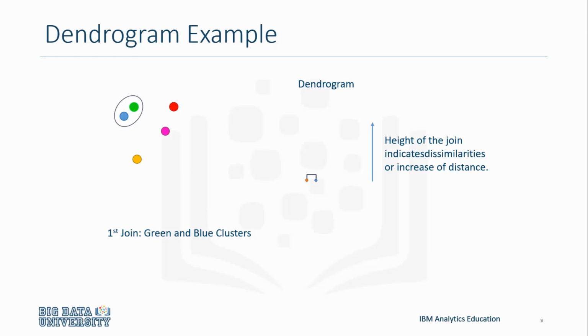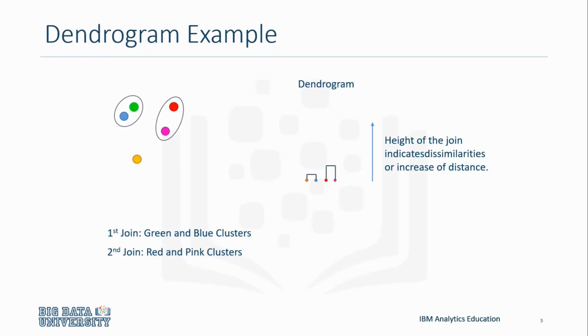Okay, so what do you think the next join would be? Did you say the red and pink clusters? This distance is larger than the first join we did, so the height should be higher on the dendrogram. So maybe it'll look something like this. Following this logic trail, the next join would be on the 2 clusters we made. The yellow cluster is kind of off on its own.